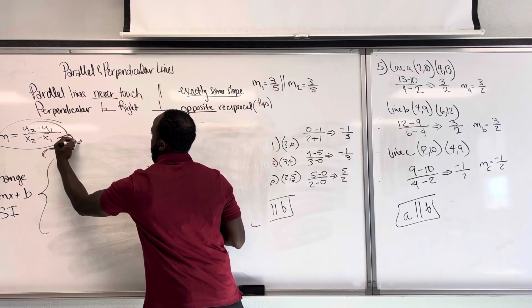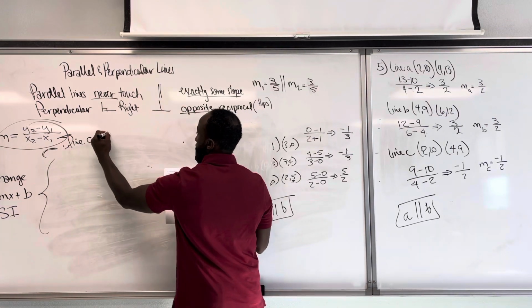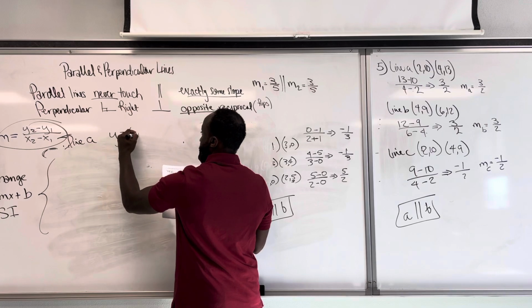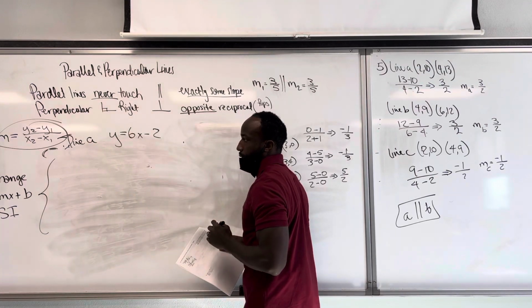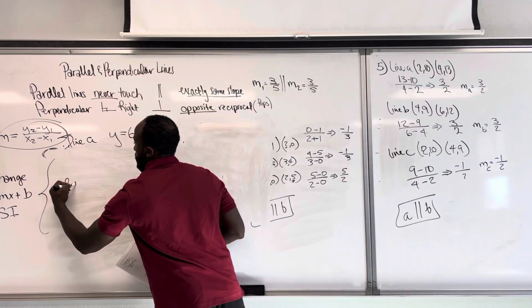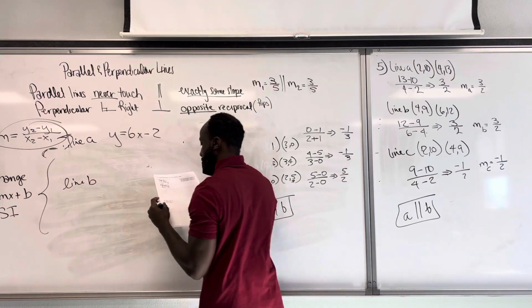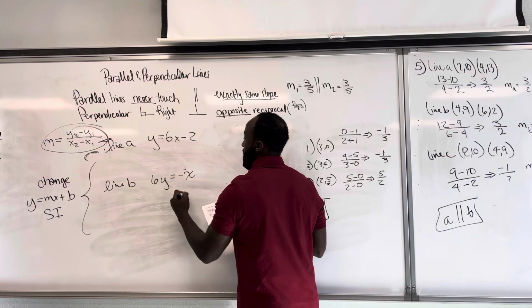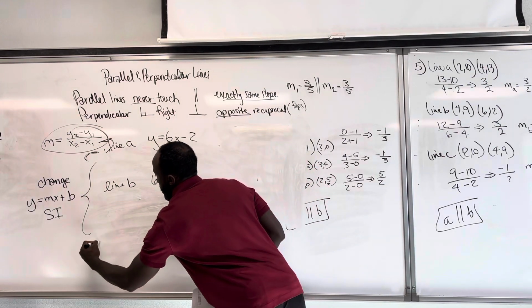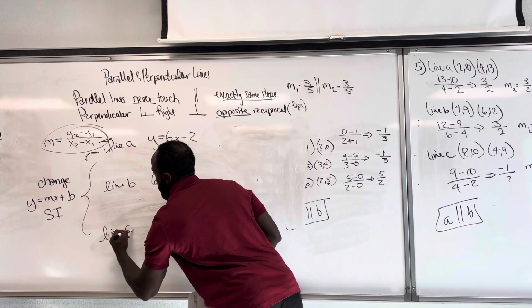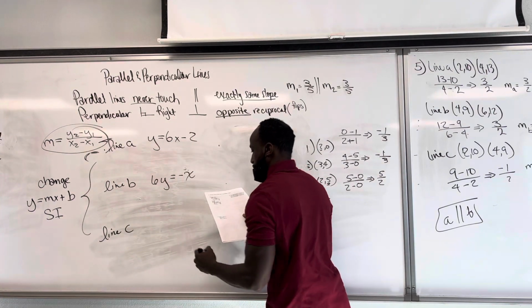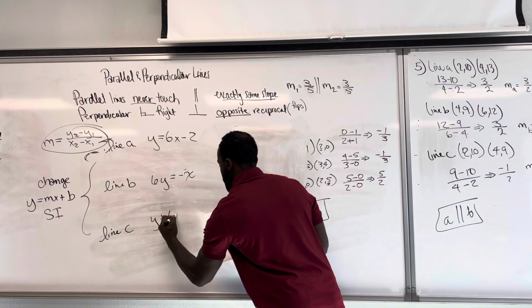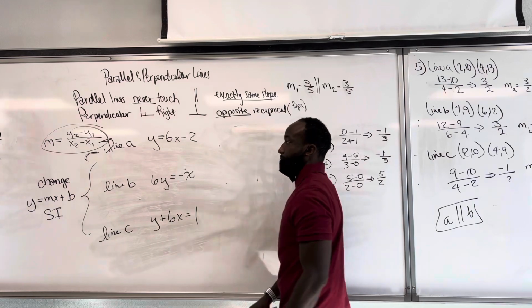Line A says y equals 6x minus 2. Line B says 6y equals negative x. And line C says y plus 6x equals 1. Okay?